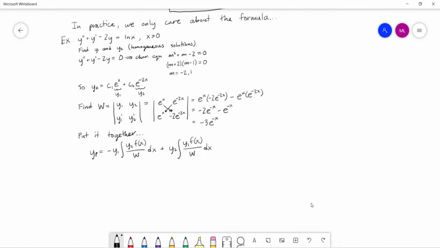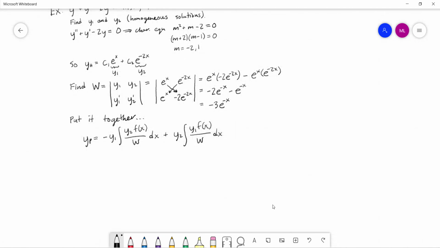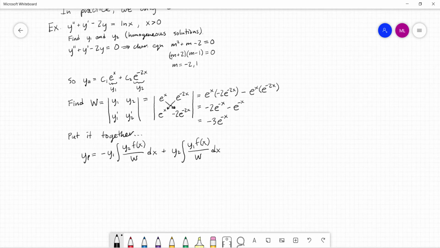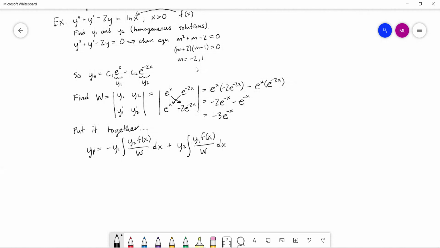Okay, so again, I'm not going to make you memorize this, but we're just plugging into this formula. We have all the pieces. Here's my Wronskian, here's my y1 and y2, and lastly, there's my f of x. So what does my formula look like?